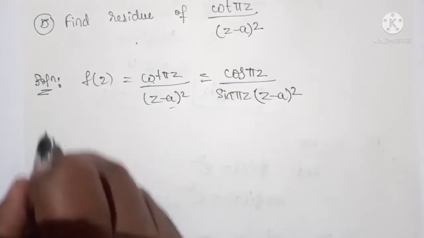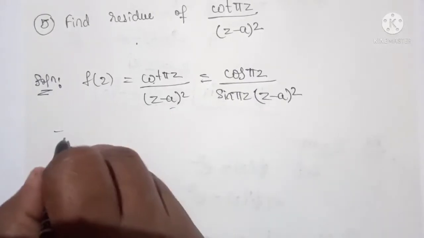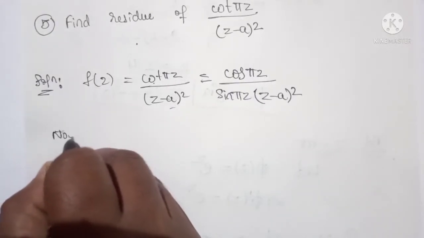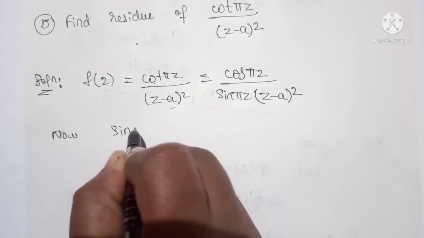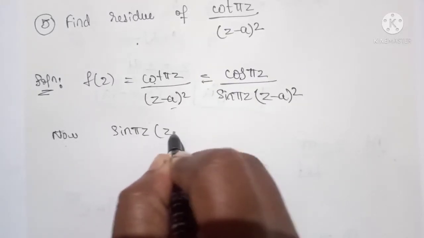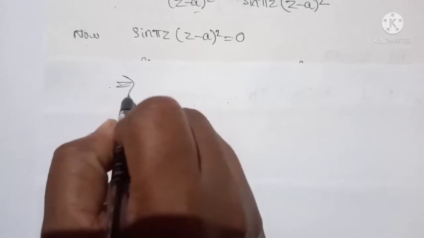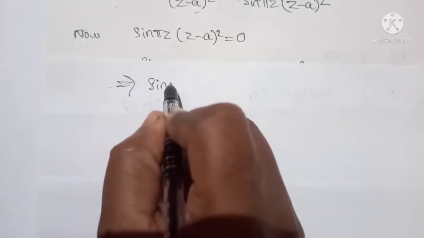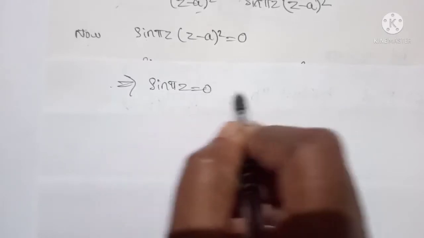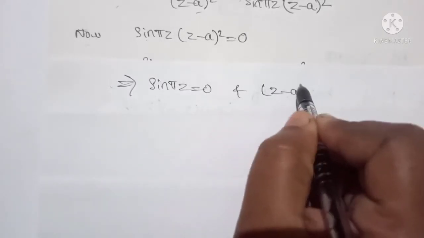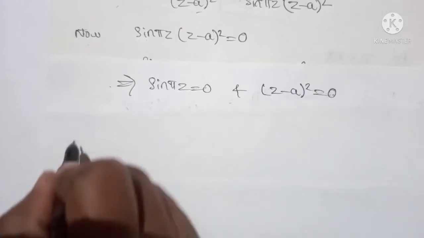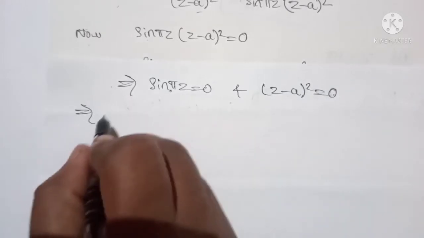Now equating the denominator to 0, we get sin pi z times z minus a whole square equals 0, which implies sin pi z equals 0 and z minus a whole square equals 0.